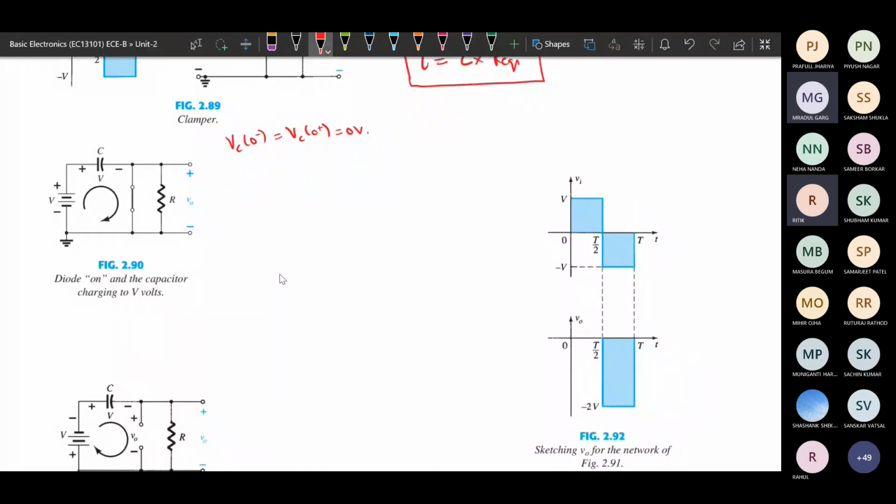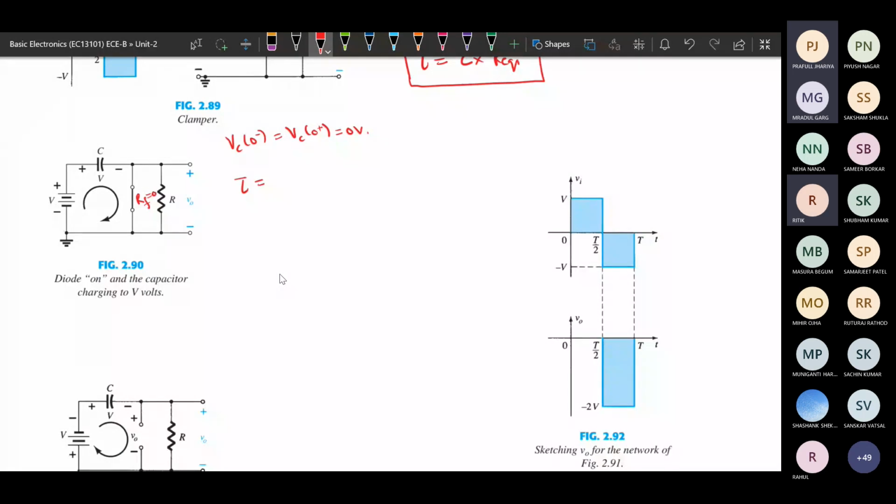In this case the rate of charge is given by tau. If the diode is forward biased, that means the resistance across it will be a forward resistance. This forward resistance through an ideal diode is coming out to be 0.